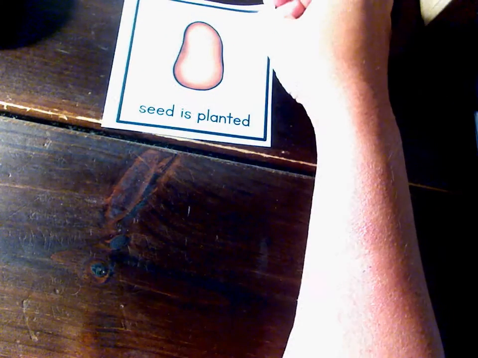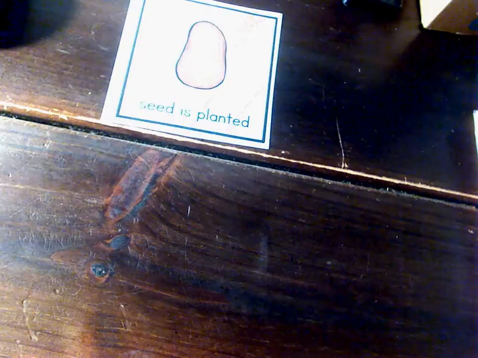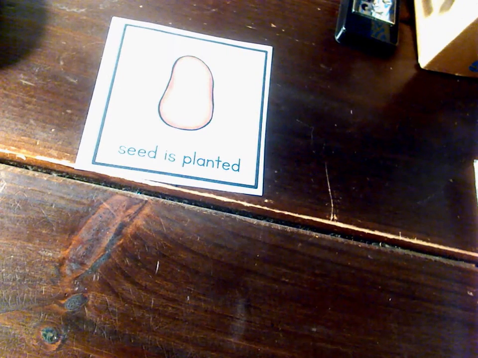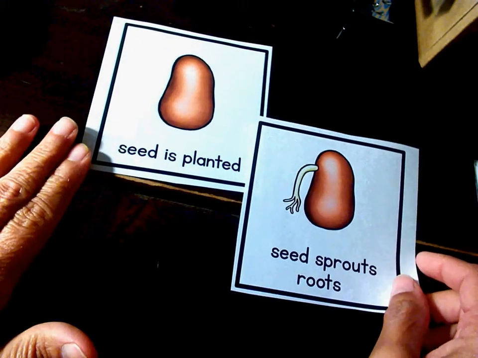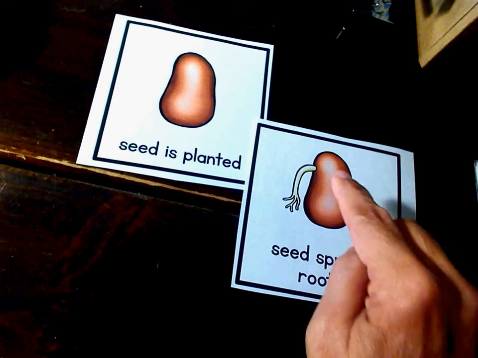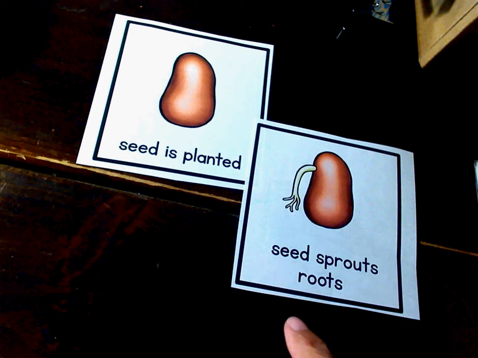Now, with the right temperature and space and water and sunlight, what will happen is that seed will start to split open, and inside the seed is a new plant. And what happens is that new plant starts to grow down into the dirt. It sprouts its roots. And it starts growing into the dirt.